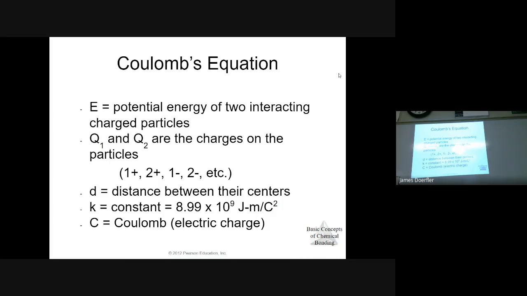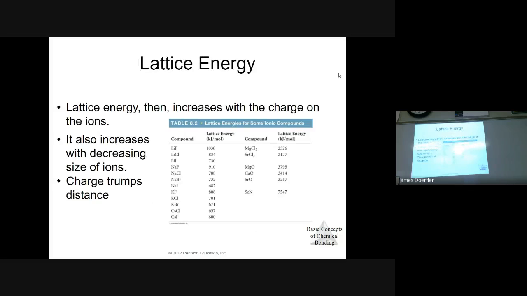Again, for now, you don't need to worry about this number. Okay, that's not what we're really concerned about. What we really want to utilize are Q1, Q2, and D. Those are the only three variables that we're really going to worry about when we solve some questions related to this. And then when you calculate all that, you end up with the label of Coulomb, which is simply a measure of electric charge. Okay.